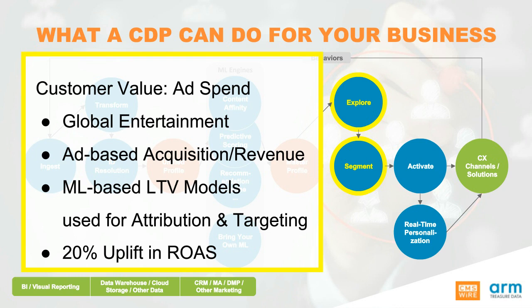And by doing that, they could target better for the next ad campaigns, to target customers that are predicted to have high lifetime value, as well as measure the campaigns they've been running based on lifetime value users coming into the system. In their case, you're looking at a 20% uplift in return on ad spend, which is huge.